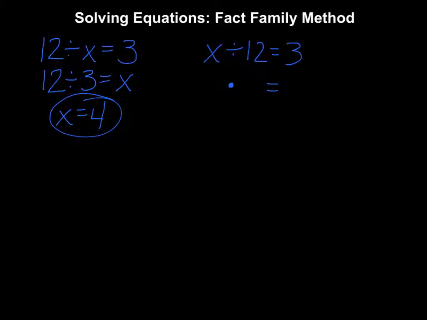And when I go from division to multiplication, my dividend becomes my product. So x will go there, and then either number, 12 or 3, can go into either of these spots, and since it's multiplication it really doesn't matter. So let's just go ahead and put 12 times 3. And then finally we solve. So x equals, well, 12 times 3 is 36.